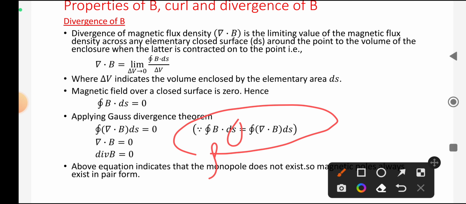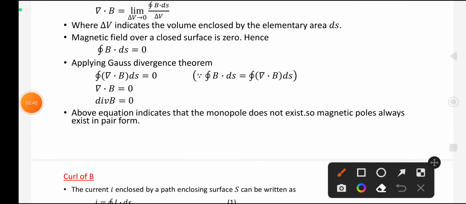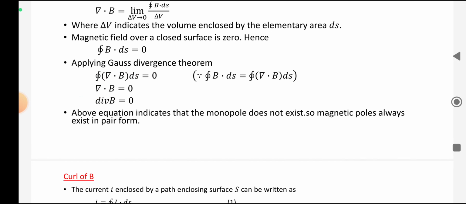And if integral del dot B dv is equal to 0, then del dot B is equal to 0. Del dot product means divergence, so div B is equal to 0. This is the differential form; it is the symbol form, and the full form is: divergence of B is 0.